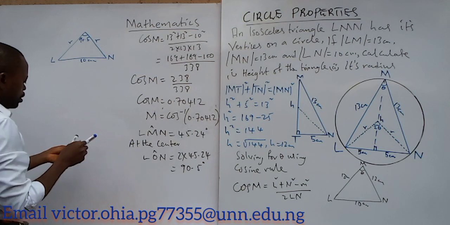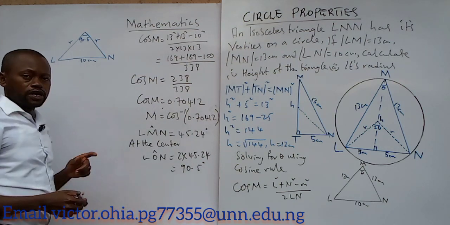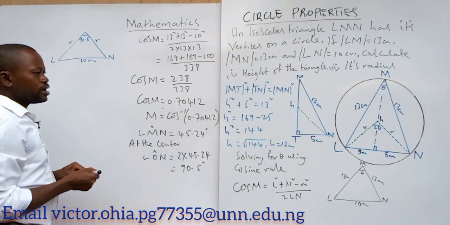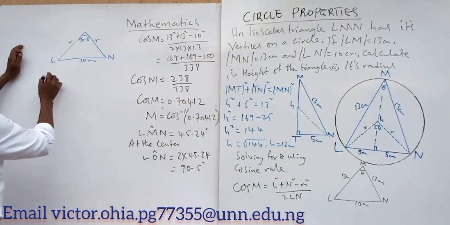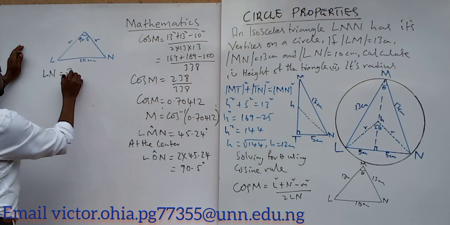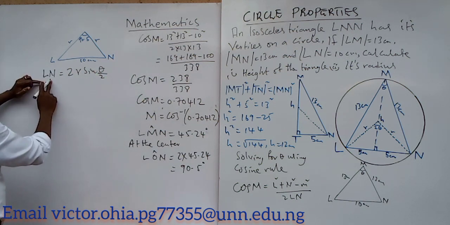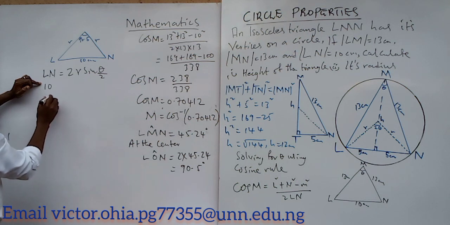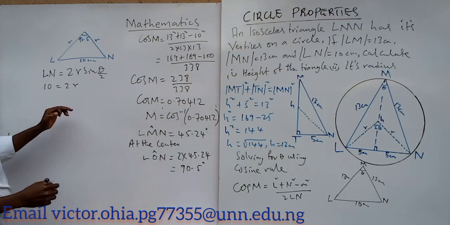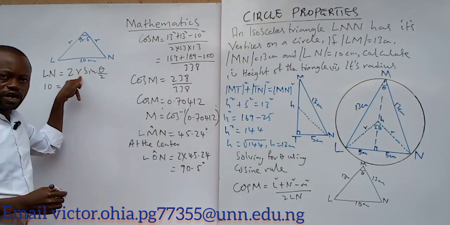Now I'm going to use the formula for calculating the length of the chord, which says 2r sine theta over 2. So LN is equals to 2r sine theta over 2. So this is 10 equals to 2r, because this will help us to subject r.